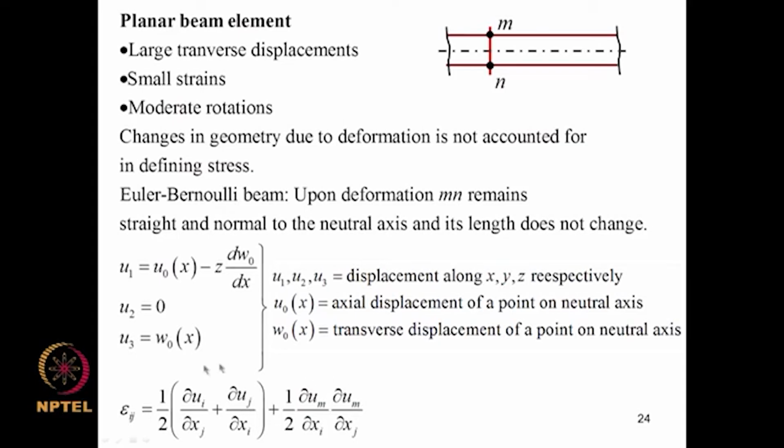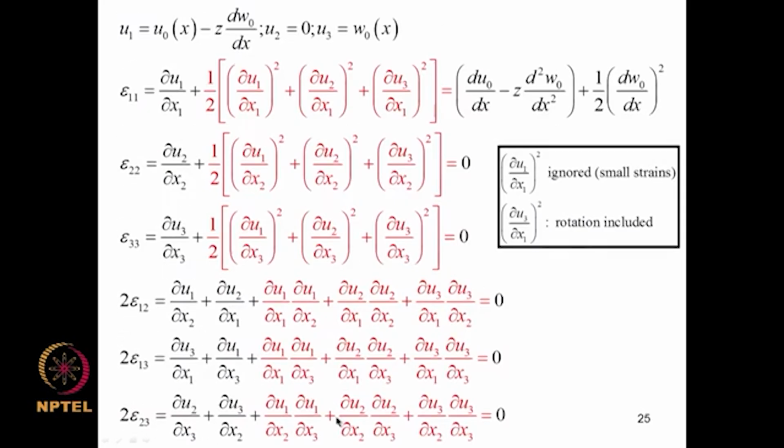The strain displacement relations that we will be using are nonlinear. We are not using the infinitesimal definition of strain; we are including the nonlinear terms as well. I discussed these definitions in one of the previous lectures. The nonlinear strain displacement relations are displayed here, and the quantities that appear in red are the nonlinear terms.